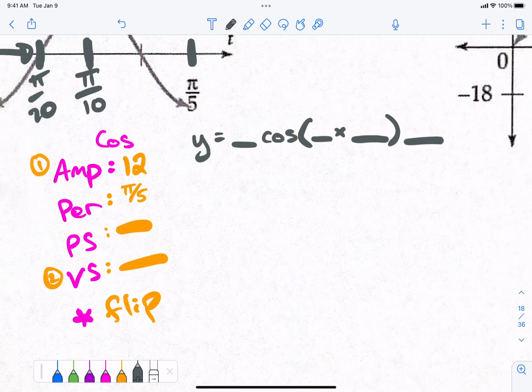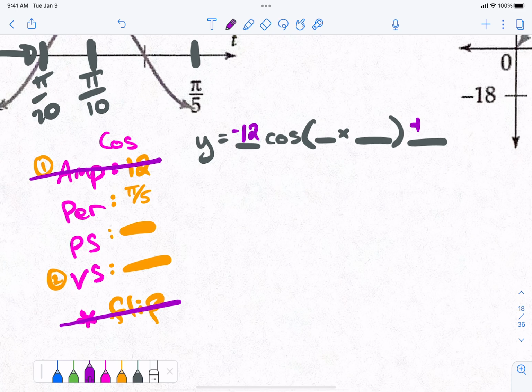All right, he is flipped. What stuff goes where? Negative 12 goes there. That takes care of the amplitude and the flip. This is cosine. We have no vertical shift, which means this is plus 0. I'm going to put that on the end there.